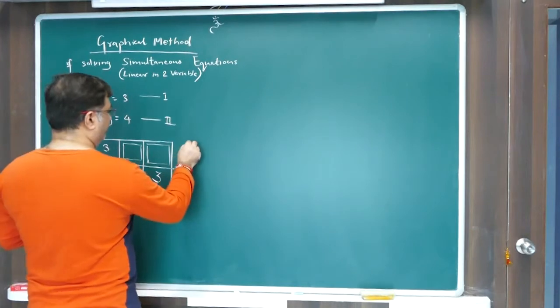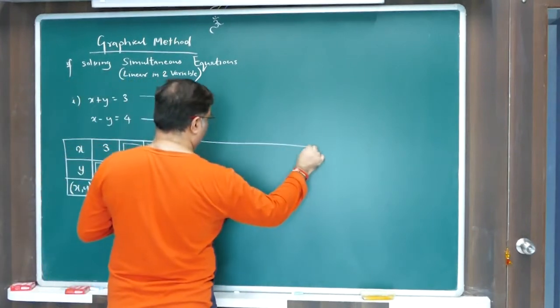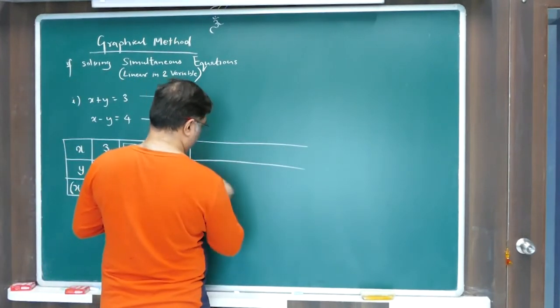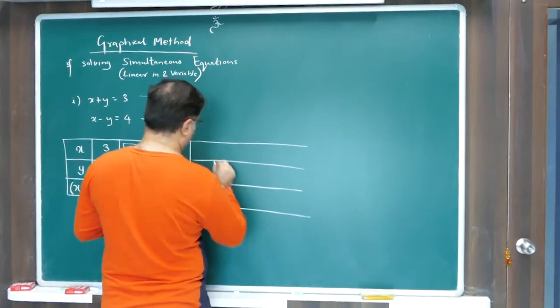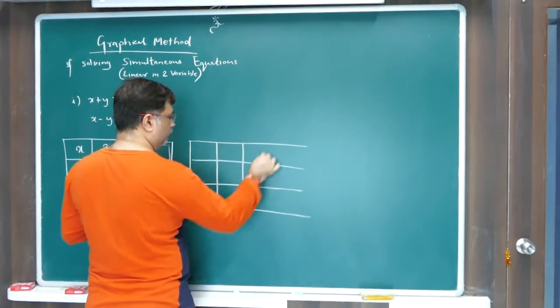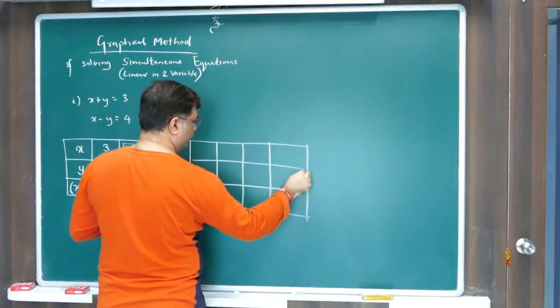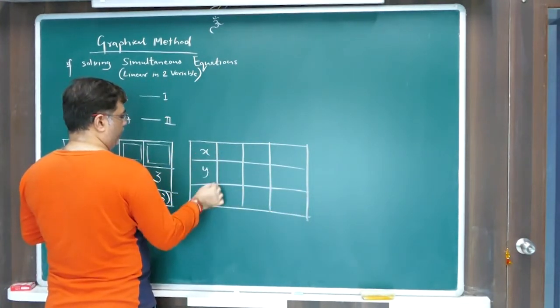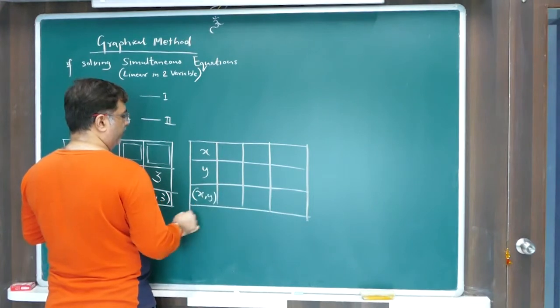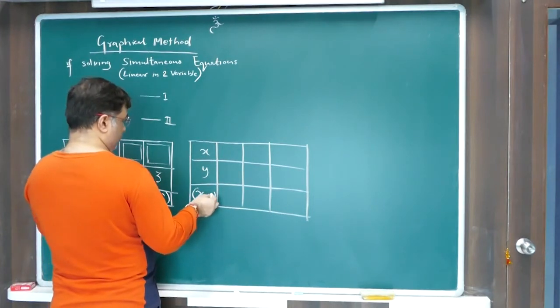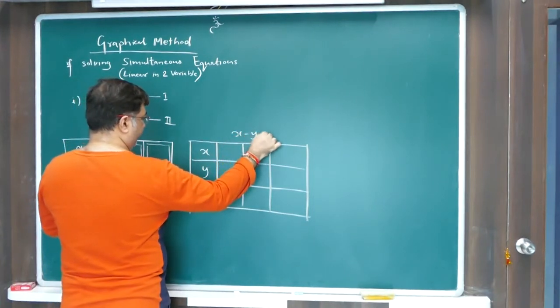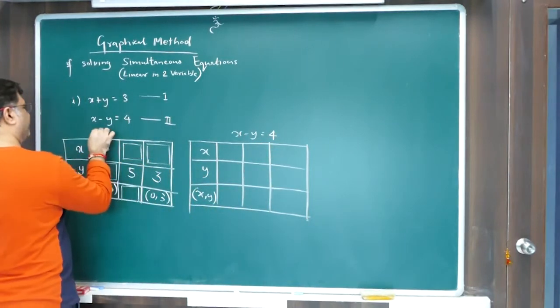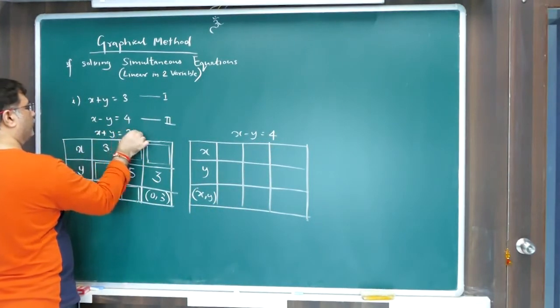And then there is a second coordinate table. Again, a 3-row and a 4-column table: 1, 2, 3, 4. Right? You have the x coordinate here, the y coordinate here, the x comma y coordinate here. This table belongs to x minus y equal to 4, and the other belongs to x plus y equal to 3.